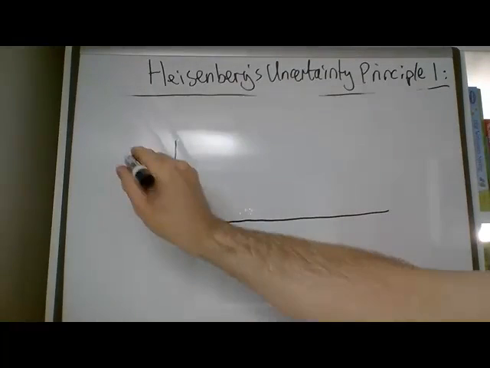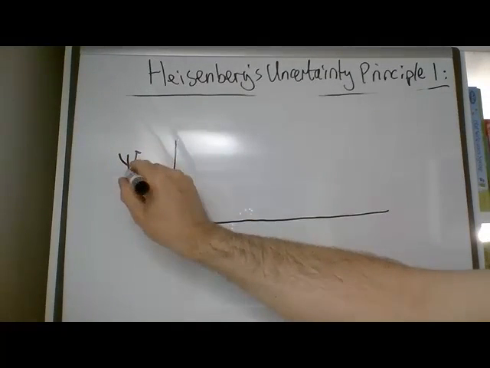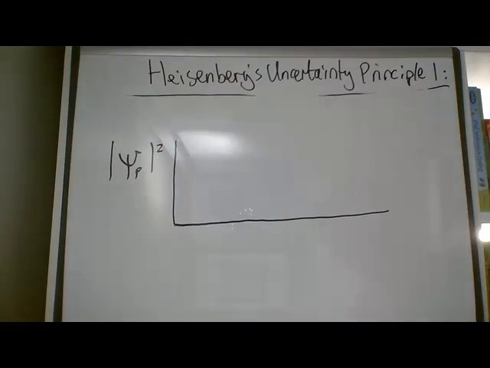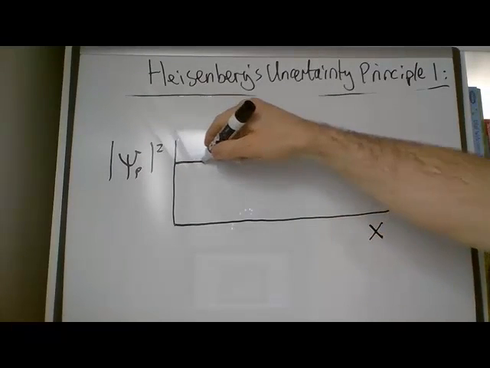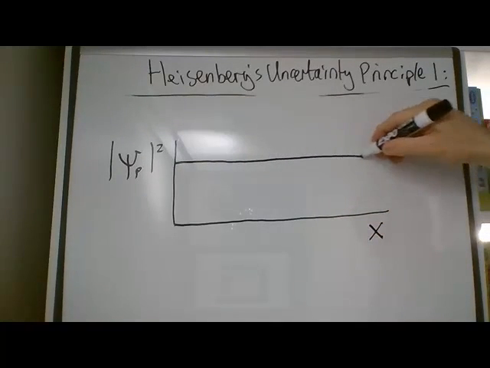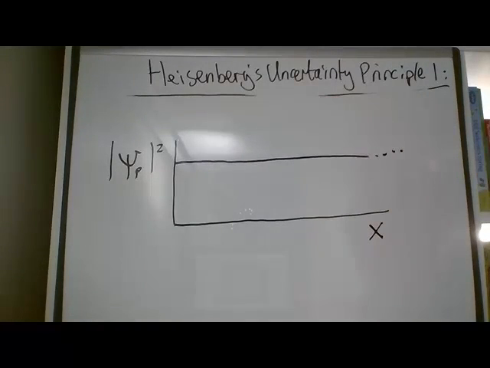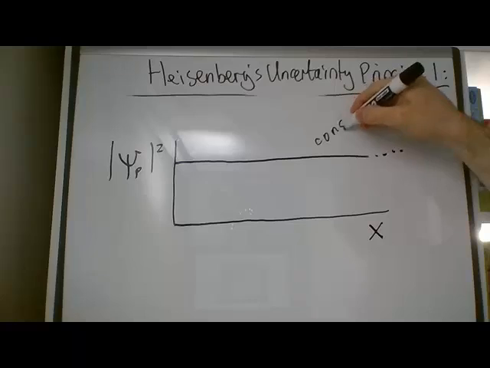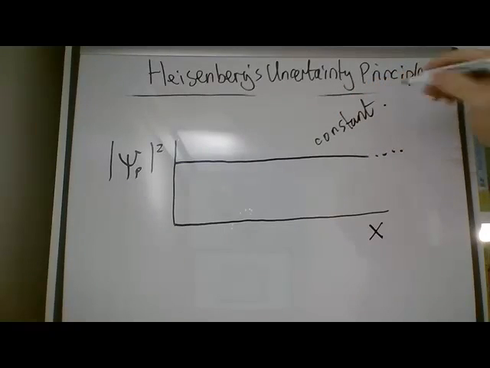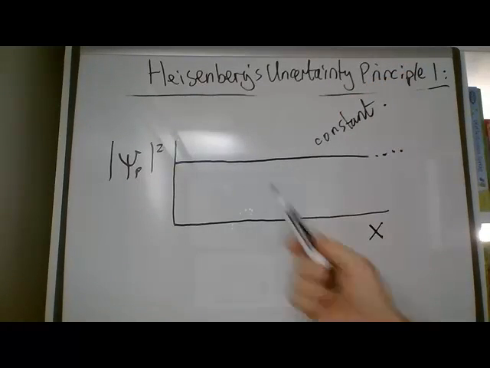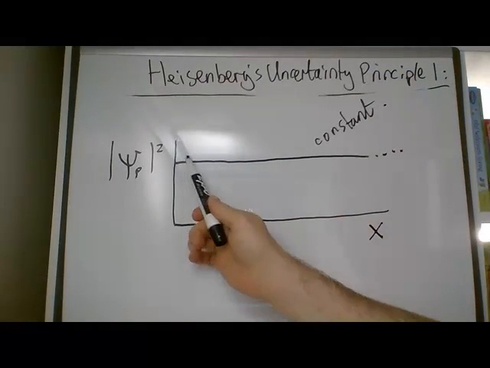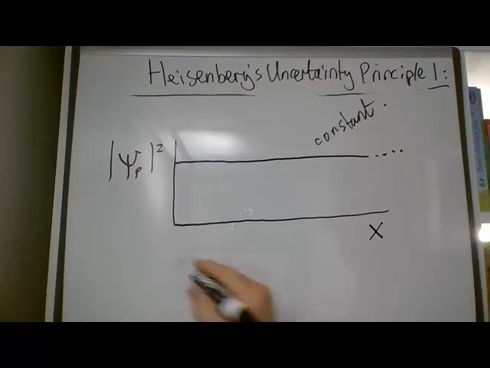On a graph, if we plot the square of our wave function against location, we arrive at a constant value. So this is our constant. And as you can see, we have no idea at which location the electron is because it looks like the electron is everywhere.